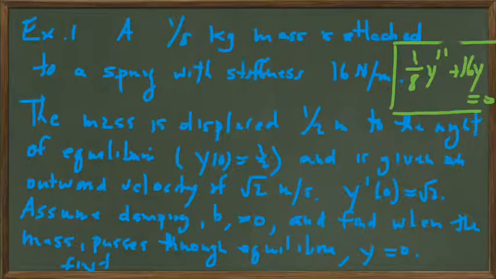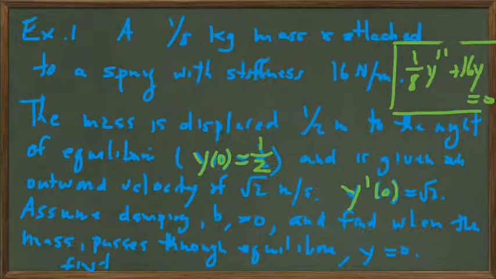We also have this given information, y of 0 is 1/2. In words, the mass is initially displaced 1/2 meter to the right of equilibrium, and it has an outward velocity of square root of 2 meters per second. That's y prime of 0 equals square root of 2.